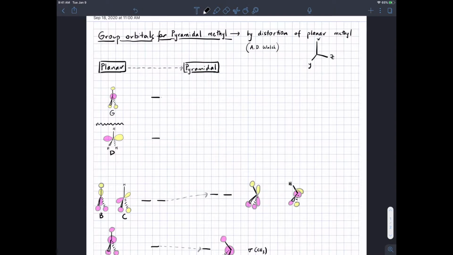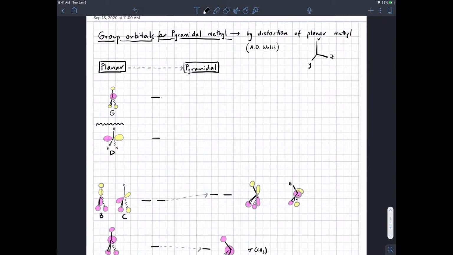Other questions? I think we alluded to this last time, that something interesting happens with this D group orbital, which is basically the unhybridized 2pz orbital on carbon. Because before, all 3 hydrogens were in the node of that orbital, and so there could be no orbital density on those atoms.